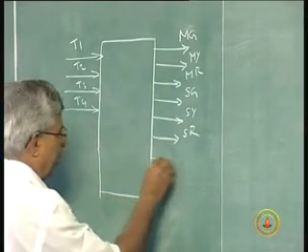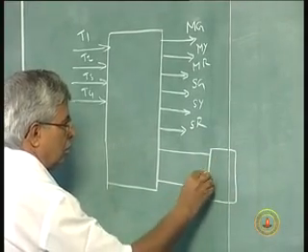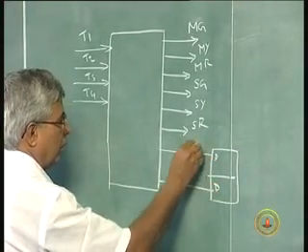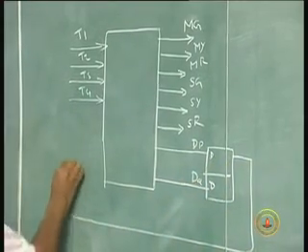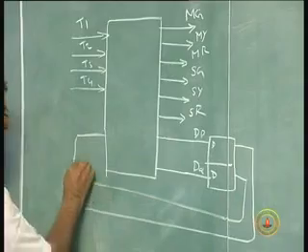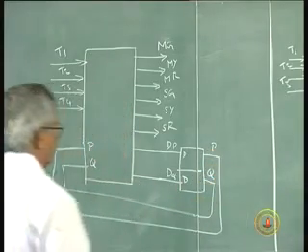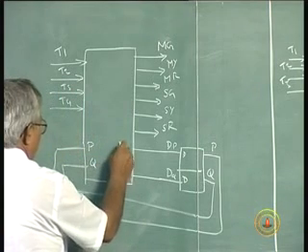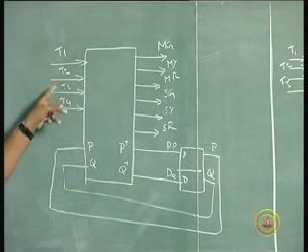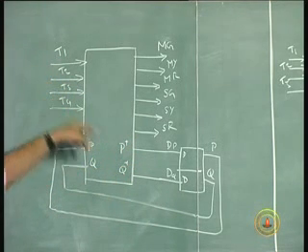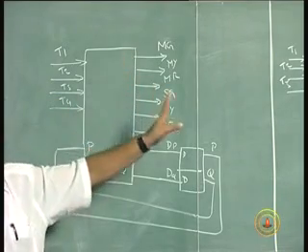So I will have to get these P and Q outputs into the 2 D flip-flops, DP, DQ, and take it back as P and Q. So I want to call this P plus and Q plus, because the present value of PQ along with the present set of the timer information decides which should be the next value of P and next value of Q and which lights should be on.